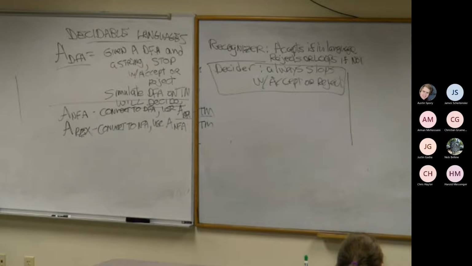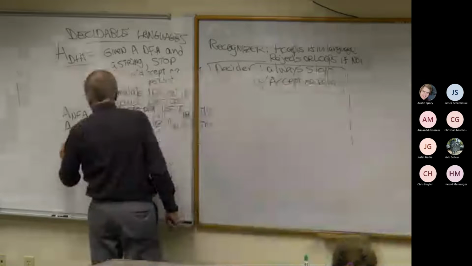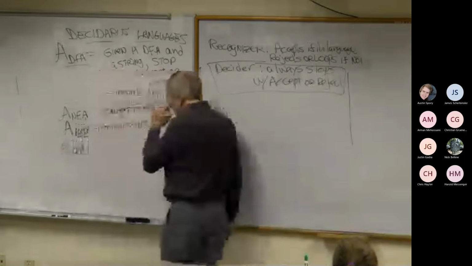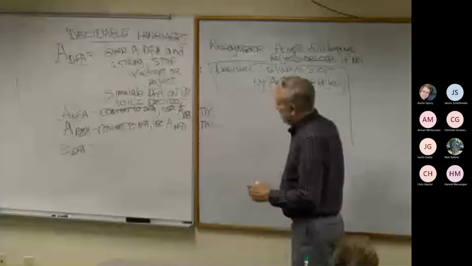And then there are a couple of things we can tell with an algorithm. Whether the language accepted by the DFA is empty. Remember, the DFA is just a graph, essentially.